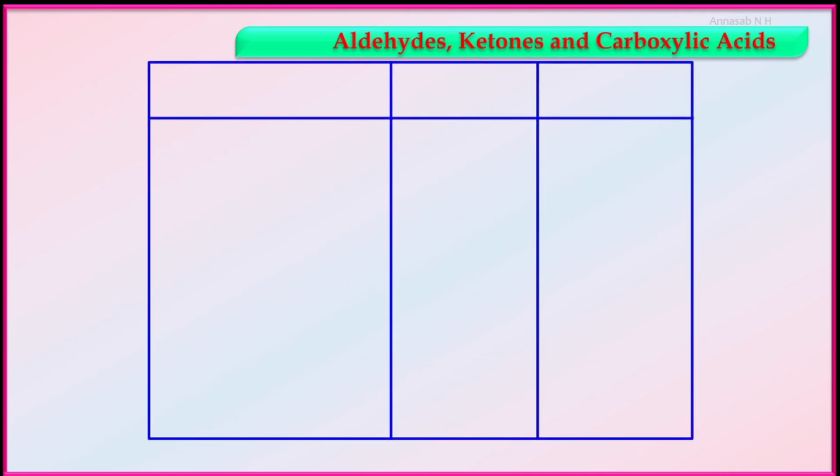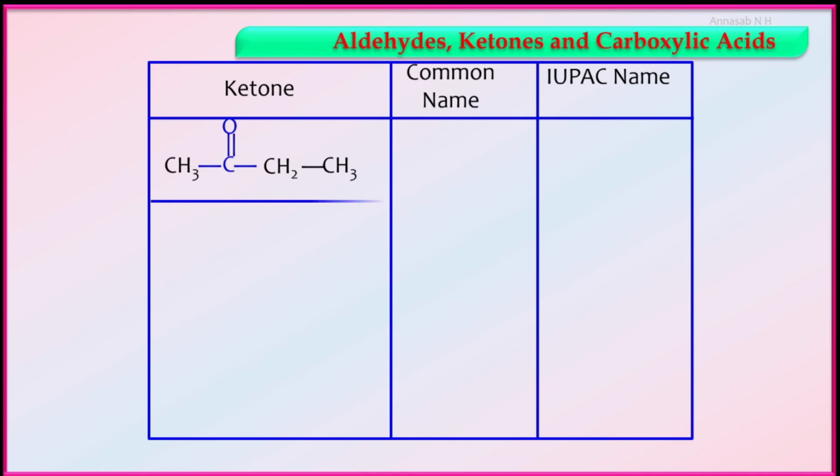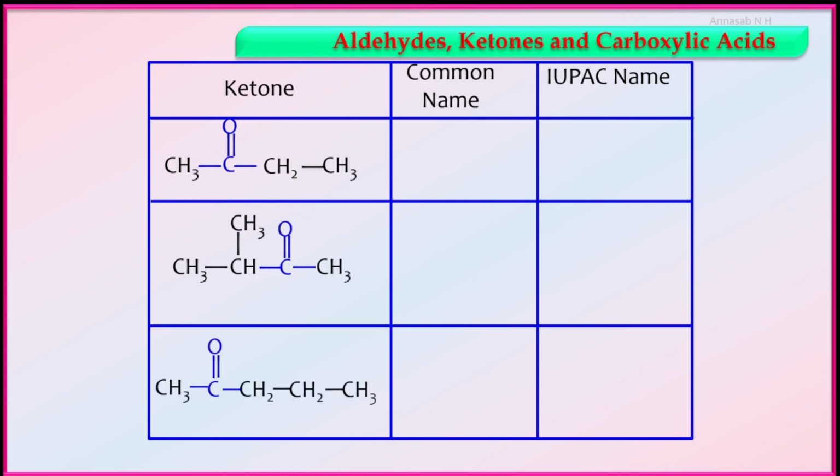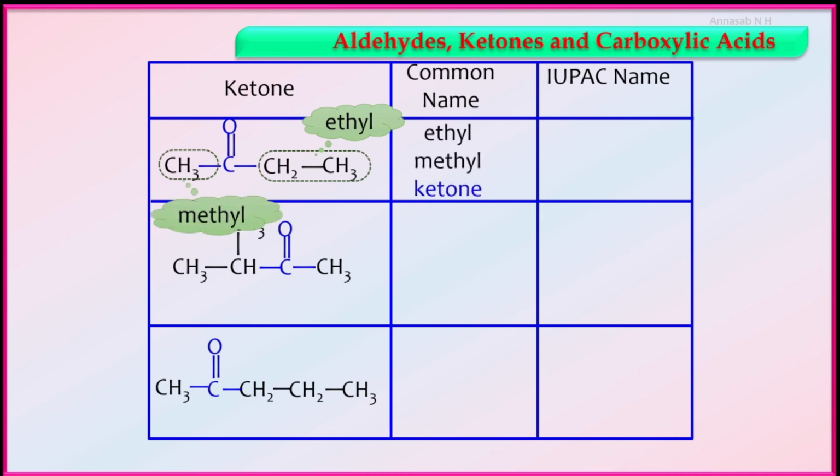Moving to some examples. First one, CH3 C double bond O CH2 CH3. CH2 CH3 is an ethyl group, and CH3 is a methyl group. Write them in alphabetical order and write ketone. Ethyl methyl ketone is the common name for the first compound.